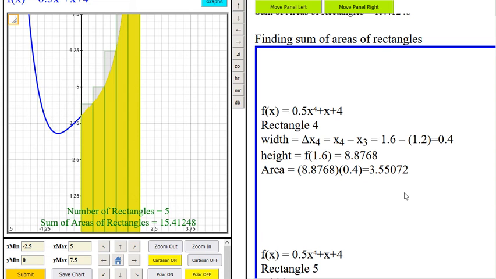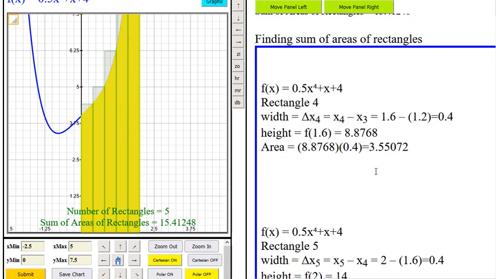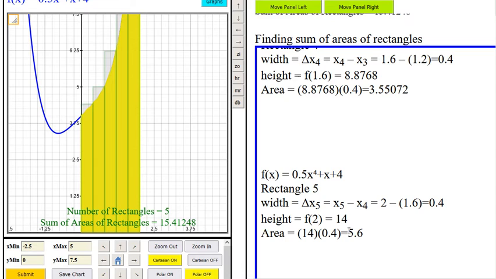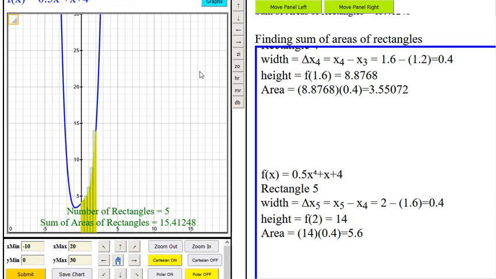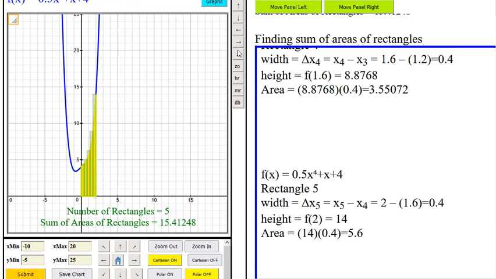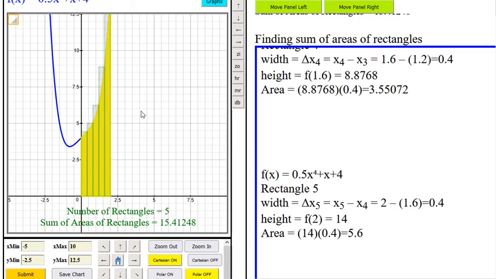And this is the area of the fourth rectangle, and this is the area of the fifth rectangle. And then if we look at our rectangles again, notice that the rectangles that we're using cover the outside of the shaded region, and therefore when we add the areas of the 5 rectangles together, we get 15.41.